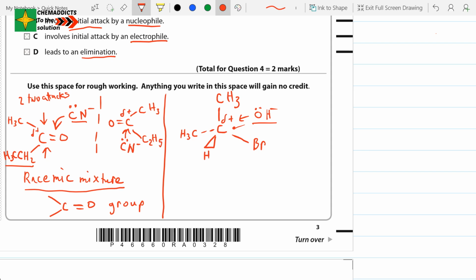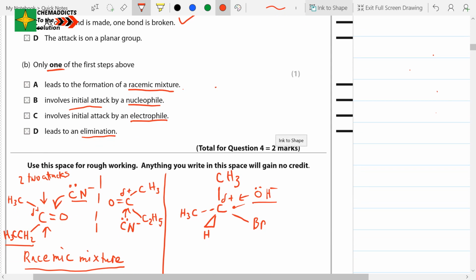So here we have found out one thing. Let's move on. This reaction mechanism forms a racemic mixture, whereas this mechanism doesn't form a racemic mixture.